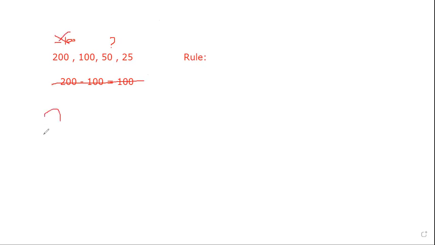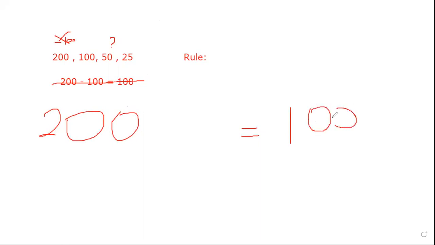What else? What should I do in 200 equals 100? Very good. We are going to divide by 2 each time. So now let's check here. 100 divided by 2, is it 50? It's correct.